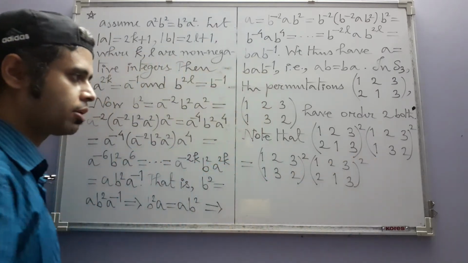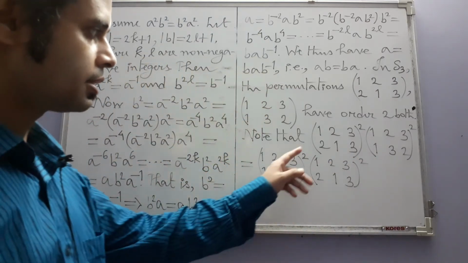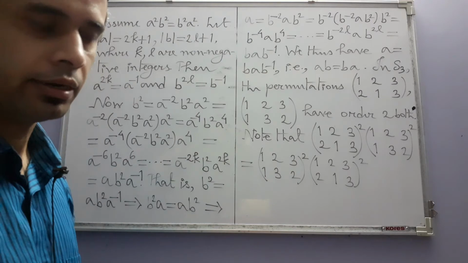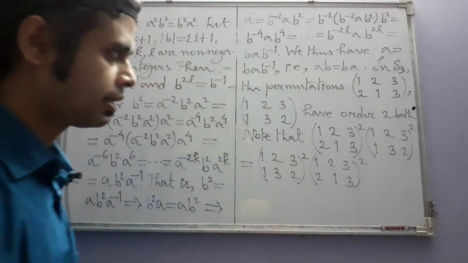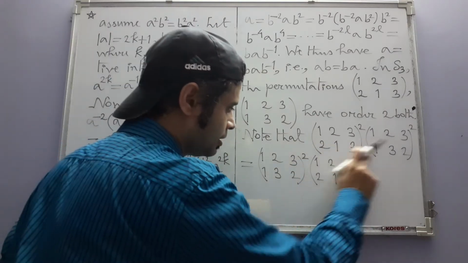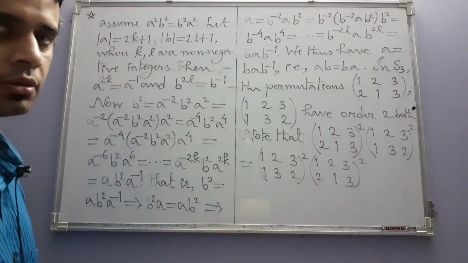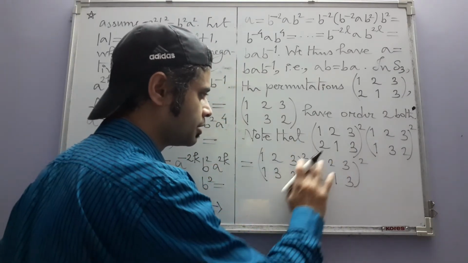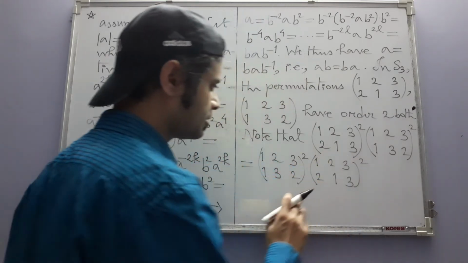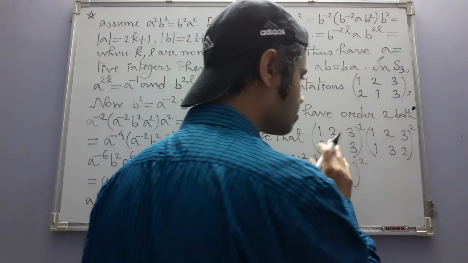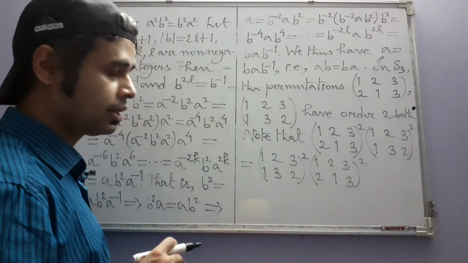Why do their squares commute? It is because their squares are equal to the identity element. So both these sides are equal to the identity. In fact, all these elements become equal to identity. So here the equation is trivial. So A square and B square commute, but A and B do not commute.